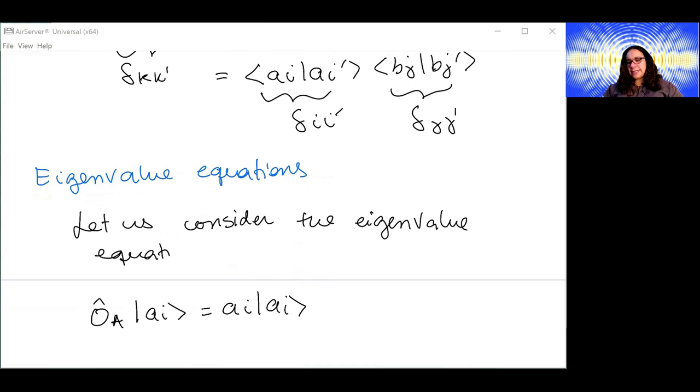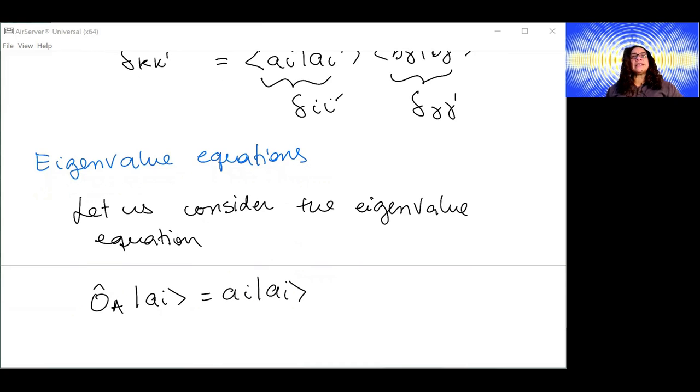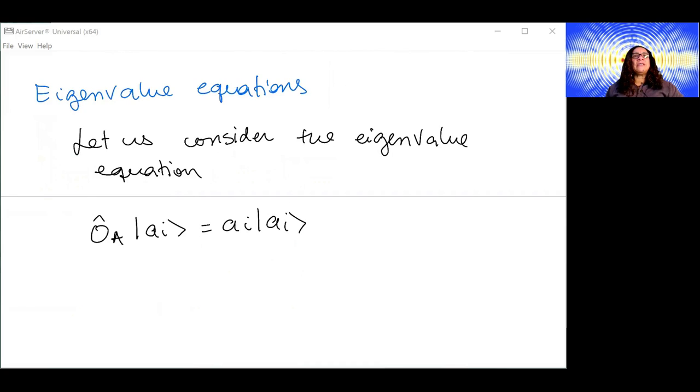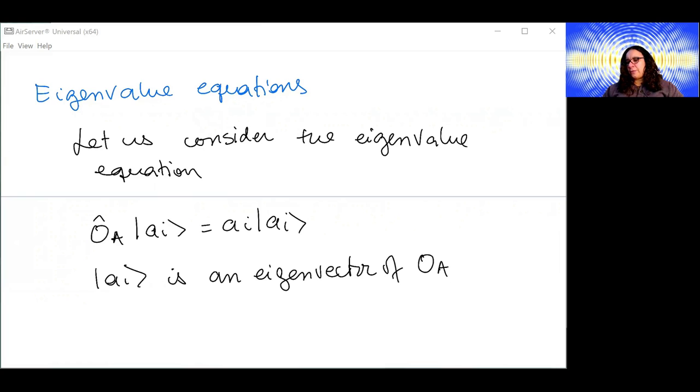And one thing we can say from here is that AI is an eigenvector of this operator OA, right?